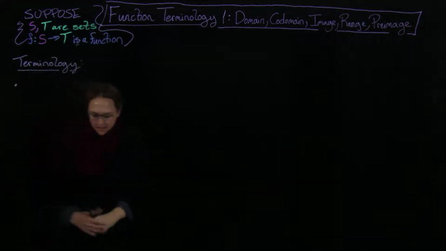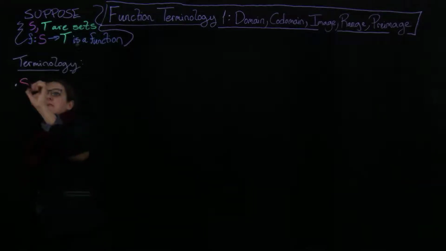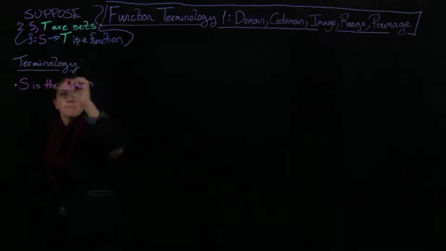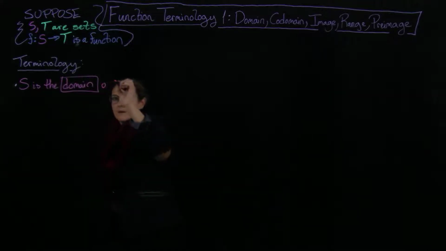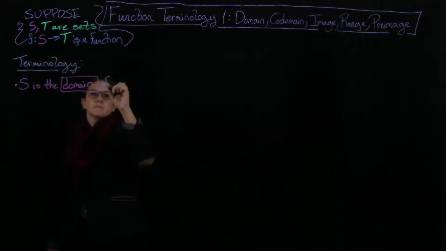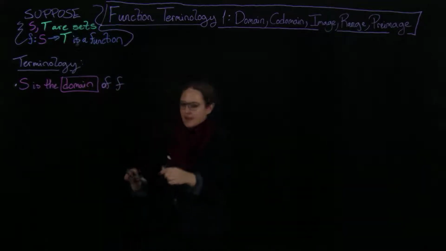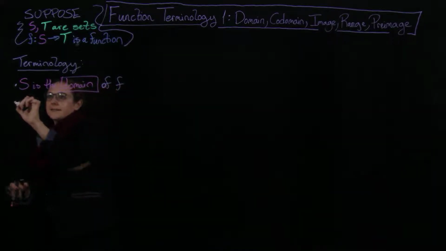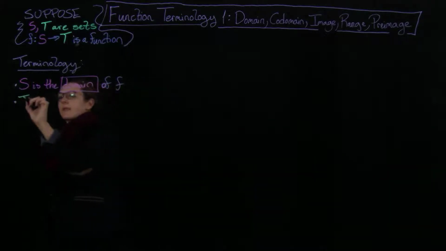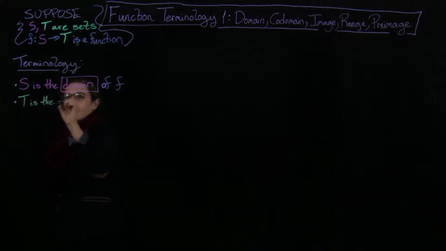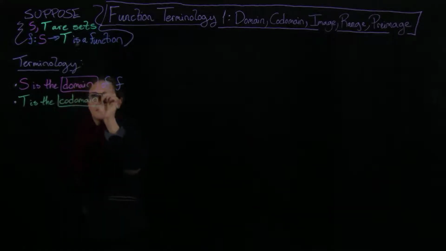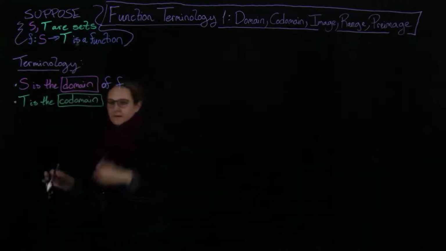S is called the domain of f. And then we have that T is called the codomain of this function f.